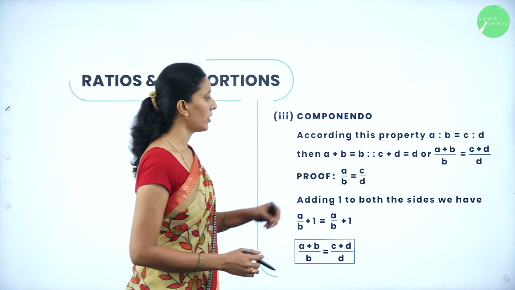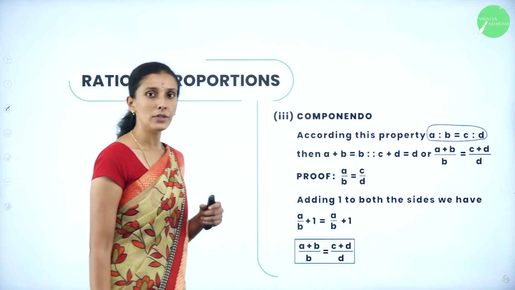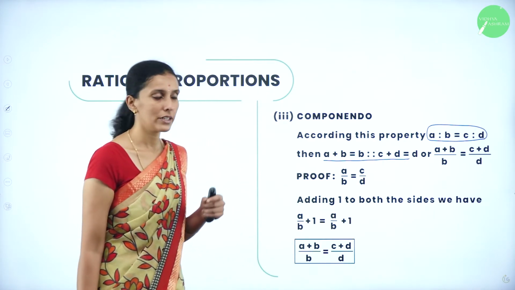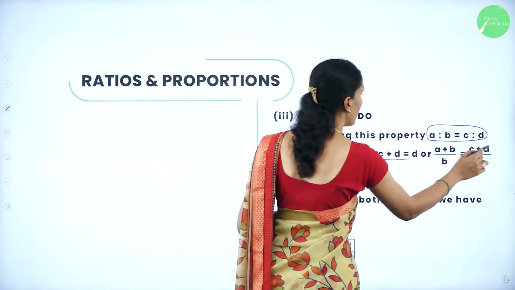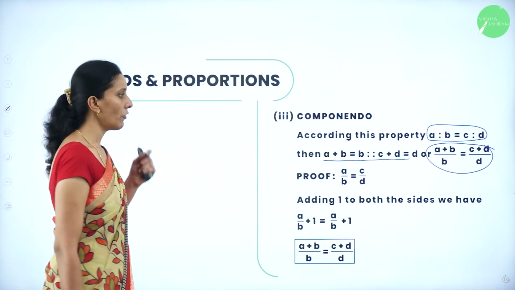Next we have componendo. So what is componendo? If you have a proportion A is to B is equal to C is to D, then A plus B is to B, C plus D is to D. That is, if you write in fraction form, you will get A plus B by B is equal to C plus D by D. How will you get this?